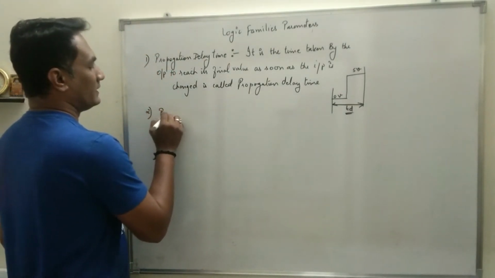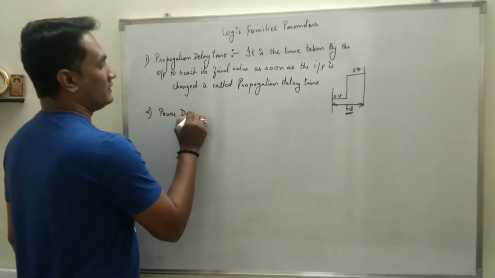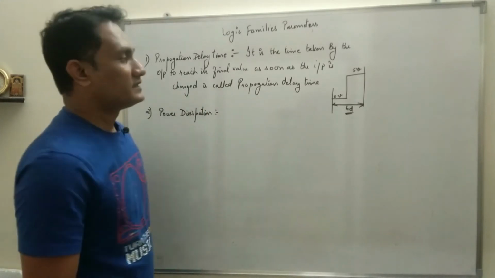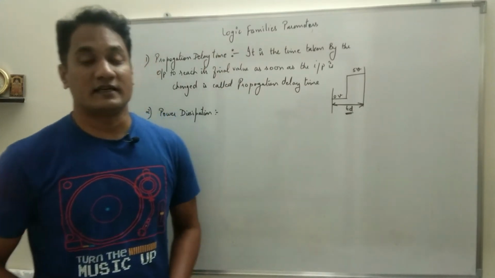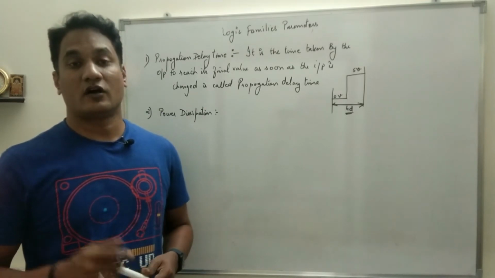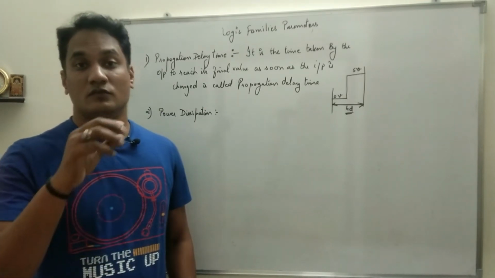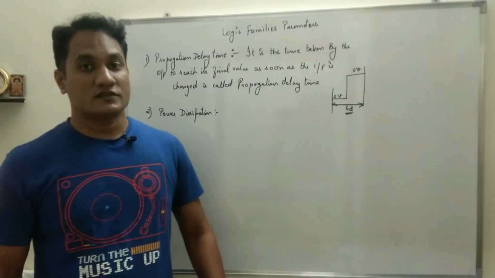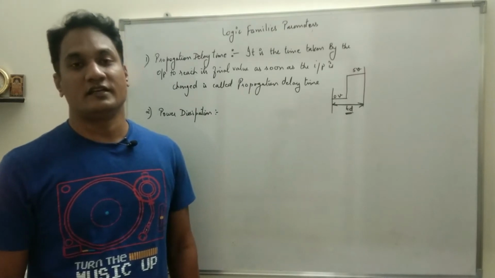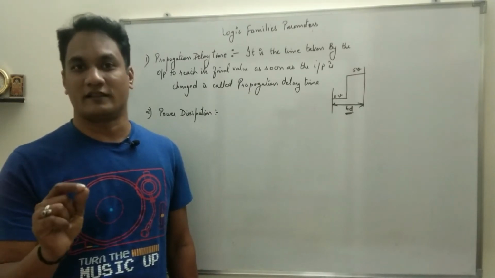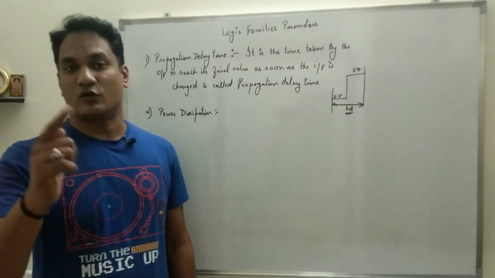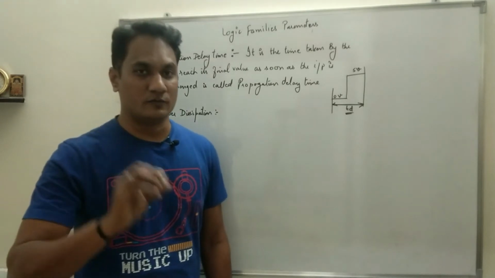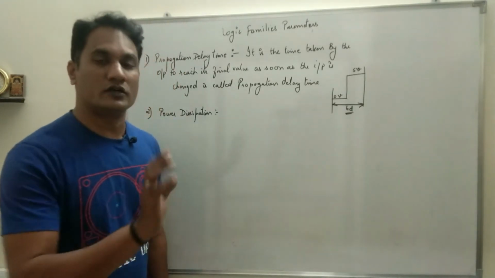Propagation delay time is the speed or ability of the logic family to change its output as quickly as possible. So of course, for an ideal logic family, propagation delay time must be very small. That means as soon as the input changes, the output should change immediately without any delay. So propagation delay time should be as small as possible for a good logic family.